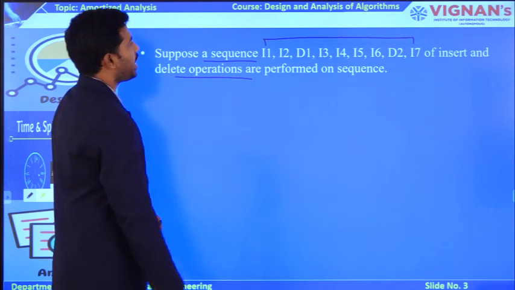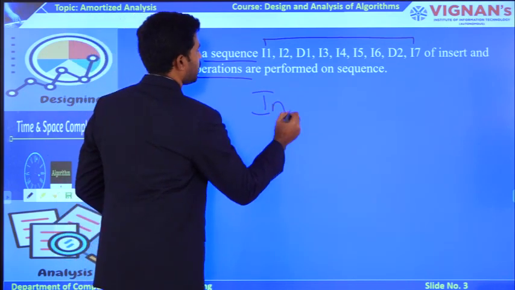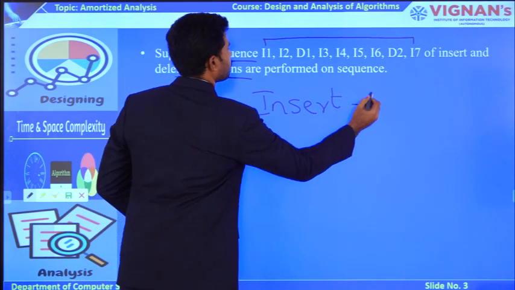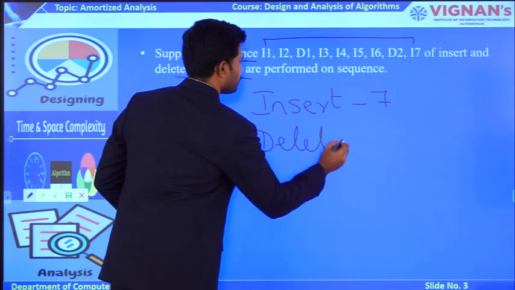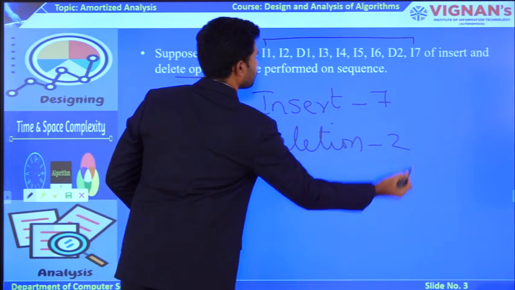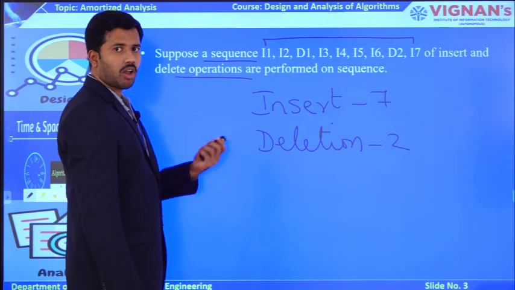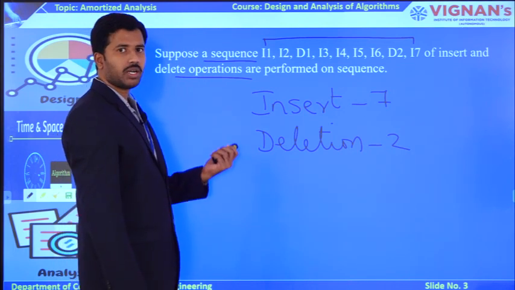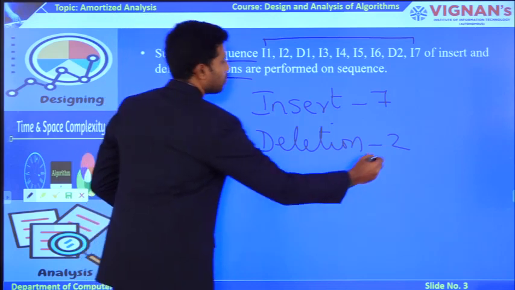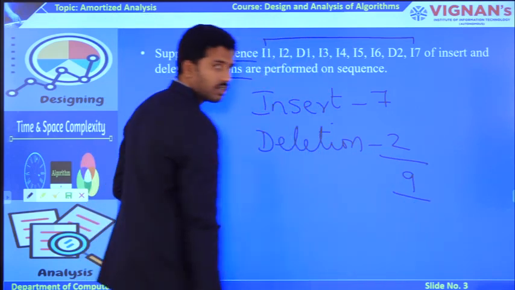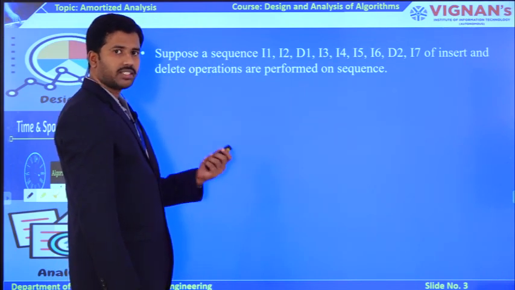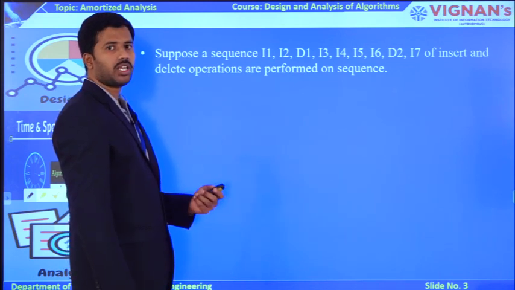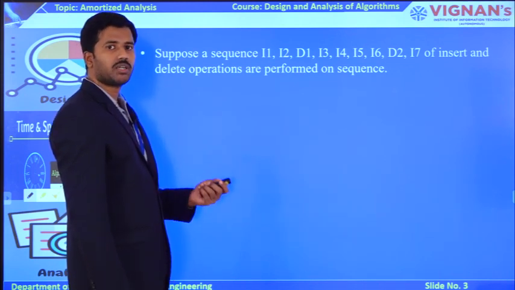It contains 7 insertion operations and 2 deletion operations. So in total, how many instructions are in the sequence? 9. Based on this example only, you will understand why this concept is required.